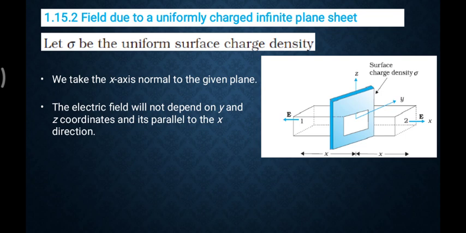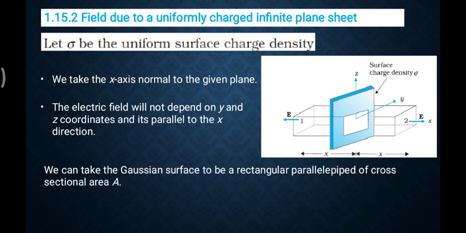They make an angle with the electric field, because the electric field is present here and they are on their respective axes. So they make a 90 degree angle, so the cosine will not survive, as you already know. The electric field will not depend on the y and z coordinates, because they are at 90 degrees; only x is parallel to the direction.